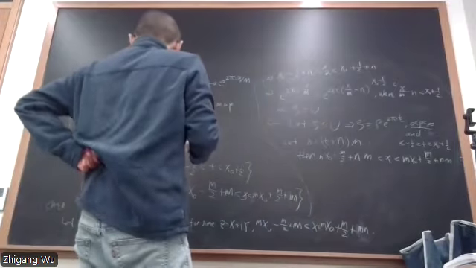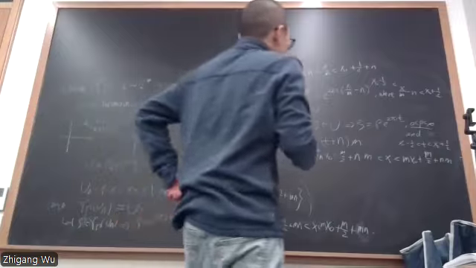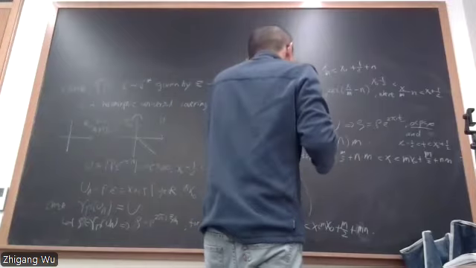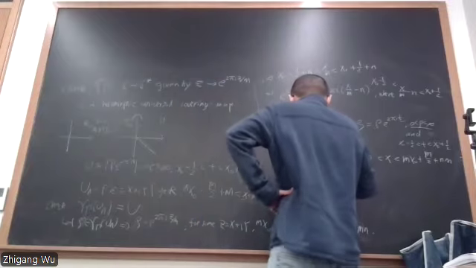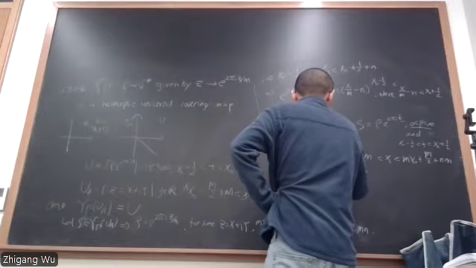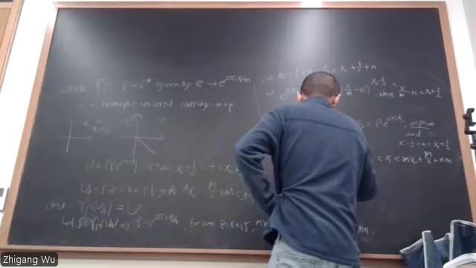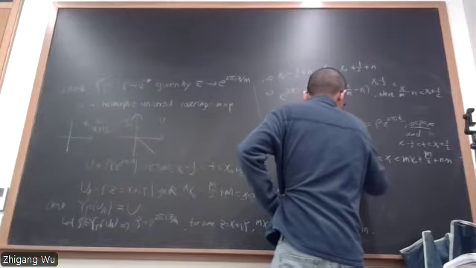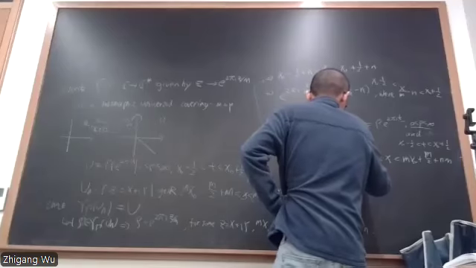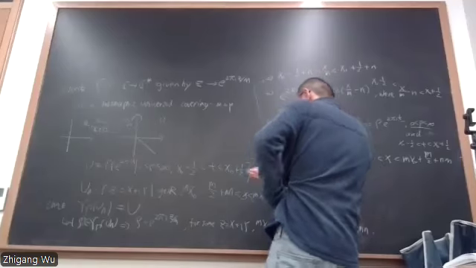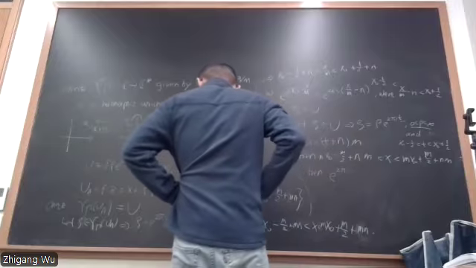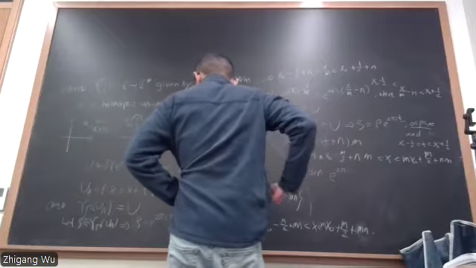Then with the property that, it's easy for you to check. Let's check that e to the two pi i, because we just ignore the y part, we just focus on the x part.